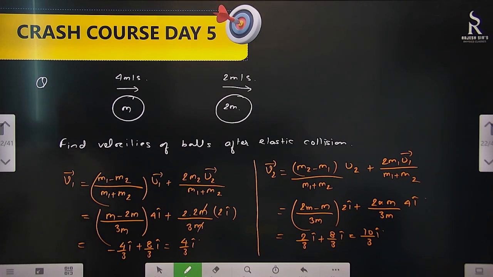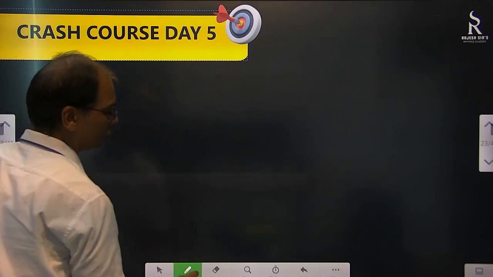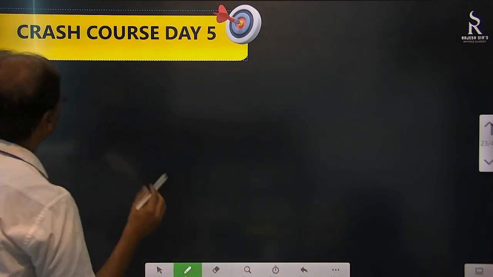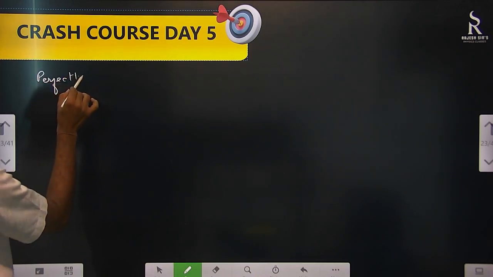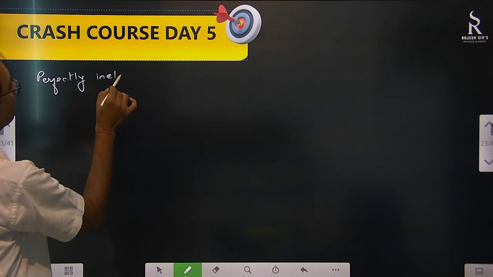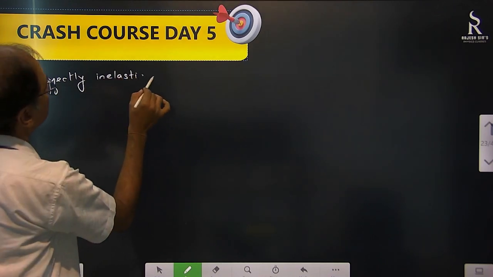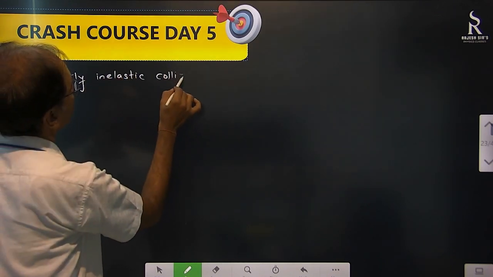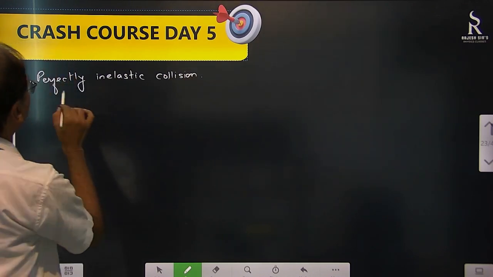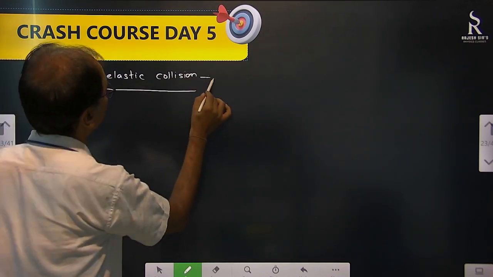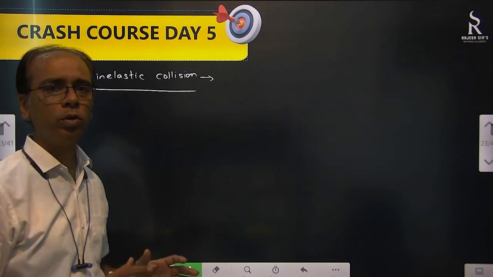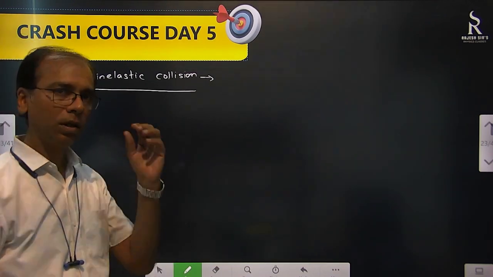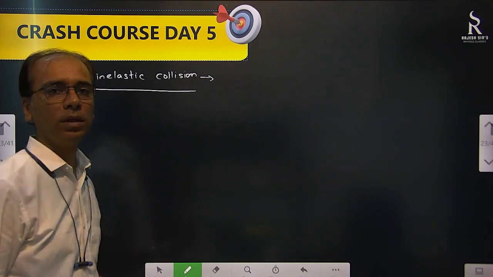Then perfectly inelastic collision. In a perfectly inelastic collision, what happens? After collision, both colliding objects will have the same velocity.